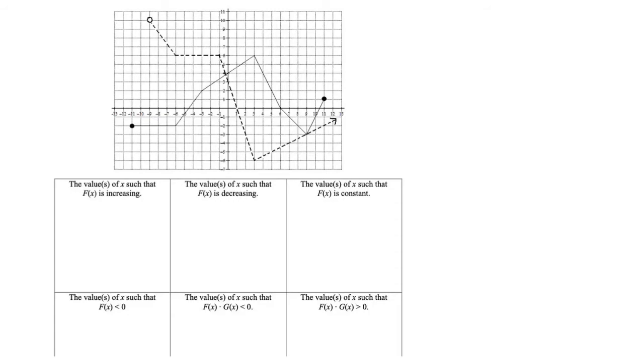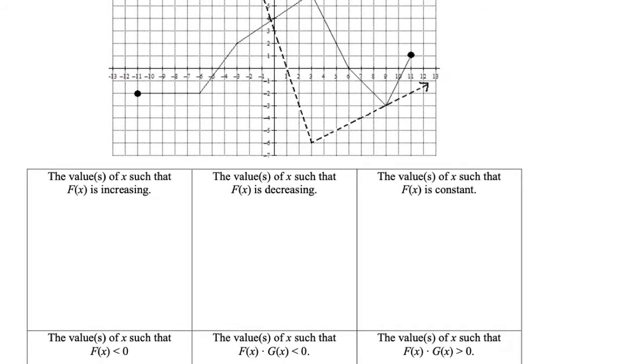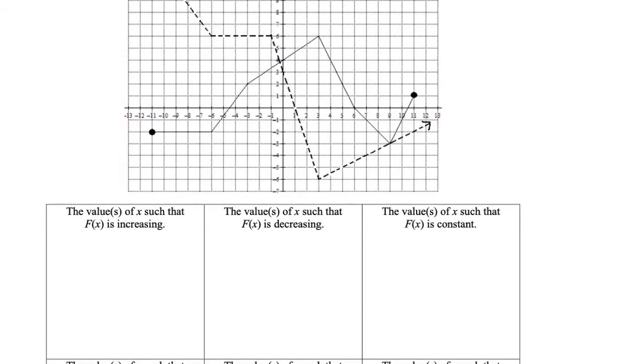Now let's look at where f of x is increasing. f of x is increasing over 3 to infinity. The values of x such that f of x is decreasing: f of x is decreasing from -9 to -6, union -1 to 3. And then where is our dashed line being constant?